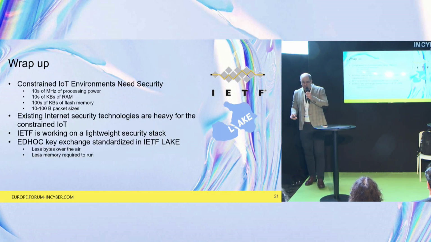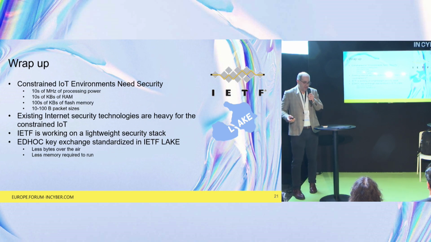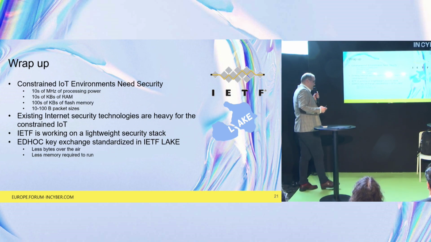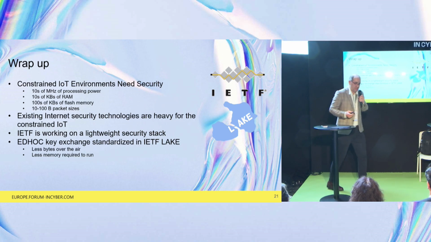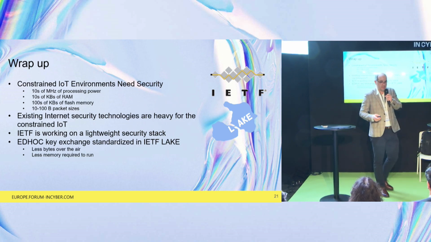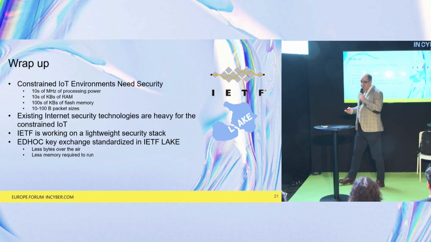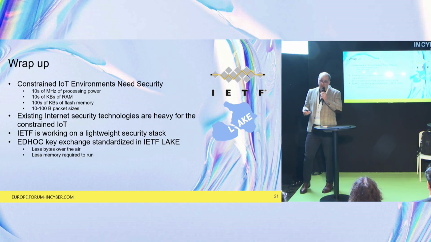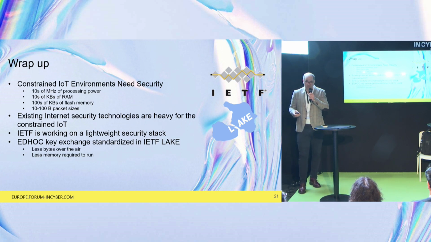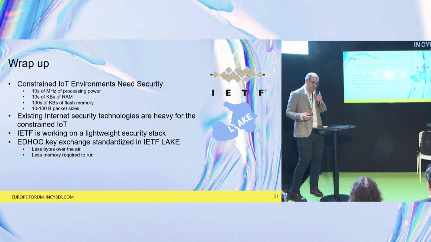If you would allow me, I would just like to wrap up briefly. As we saw, we are working with constrained IoT devices, and constrained IoT devices need security, and it's paramount to have them secure. We are talking about devices with tens of megahertz of processing power, tens of kilobytes of RAM, and hundreds of kilobytes of flash memory.